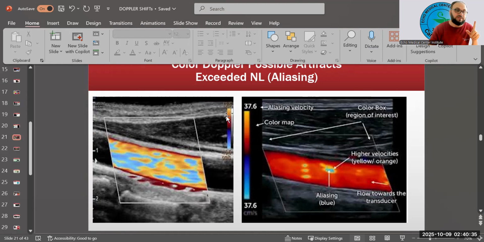So remember this one thing always: the flow velocity should match the scale or the Nyquist limit we have. So now we can get this information. If you're scanning an arterial study, remember, increase your scale. There is a knob, it's called scale or color scale, or PRF. You can increase it to catch the flow.